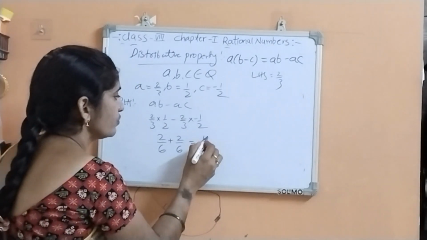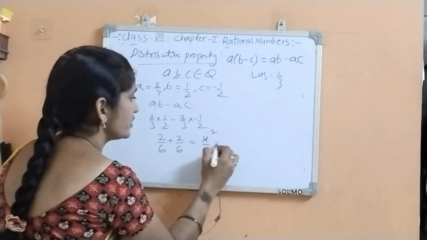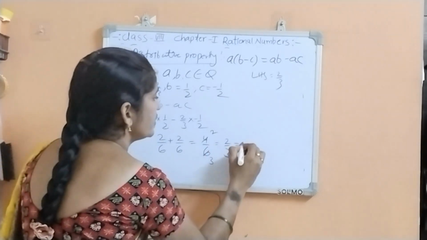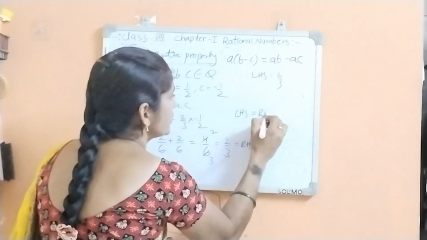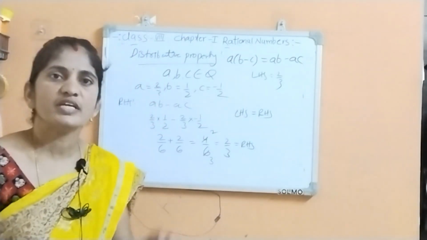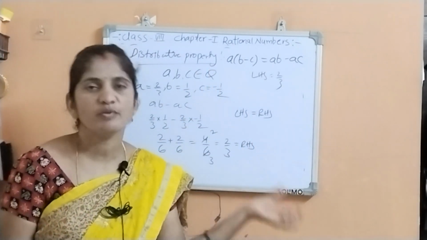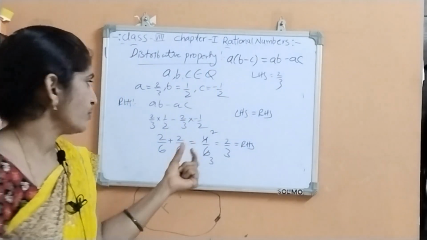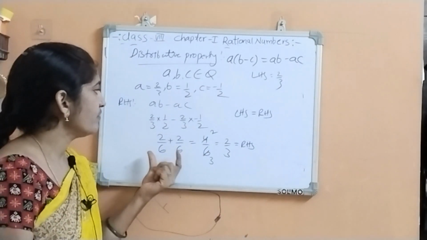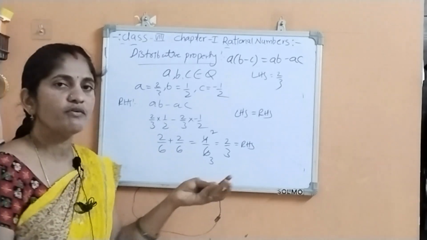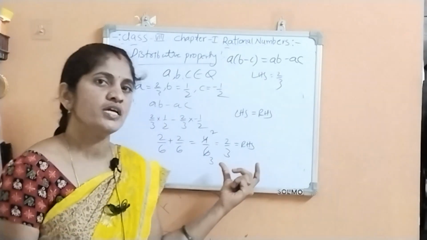Cutting with 2, 2 twos are 4, 2 threes are 6, we get 2 by 3. This is the RHS, so LHS equals RHS. By this we can generalize that the distributive property under subtraction is possible in the rational number system. Luckily we got like fractions directly. If we don't get like fractions, we have to convert unlike fractions to like fractions, and only then can we add or subtract.